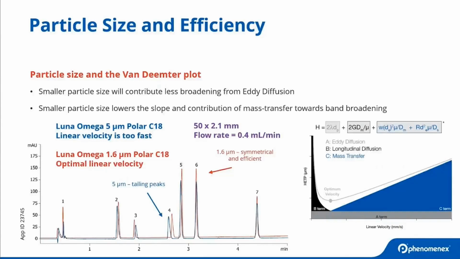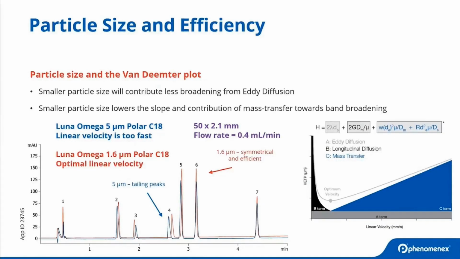Now we can return to explore this graph, these overlaid chromatograms, and we can get a better idea of why those 5-micron particles exhibited some peak tailing. Specifically, that flow rate was very aggressive for a 50 by 2.1 millimeter column. As a result, it generated band broadening as our analyte bands had to negotiate partitioning into and out of the pores associated with the larger 5-micron particle size.